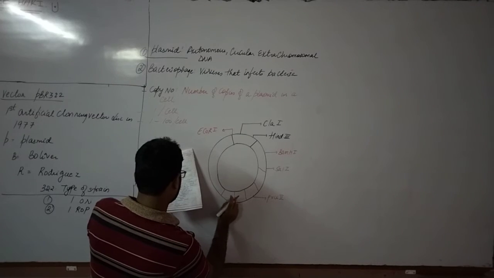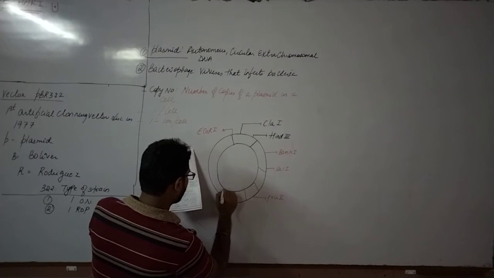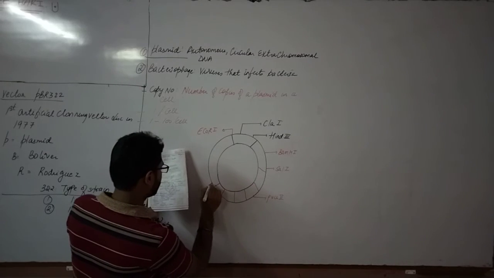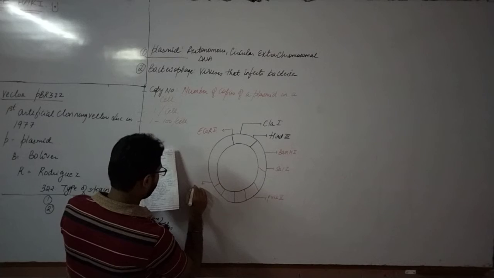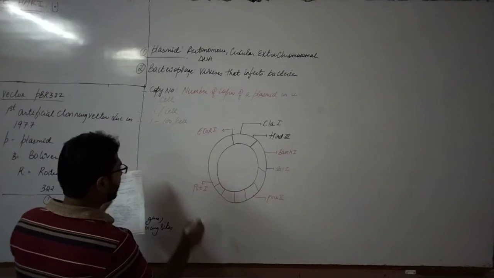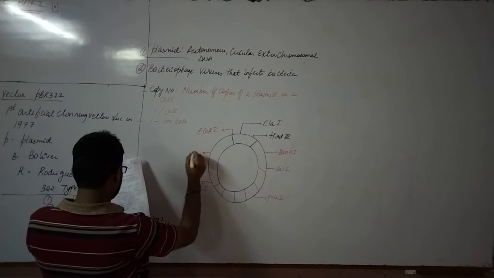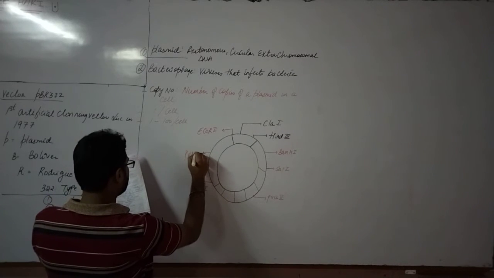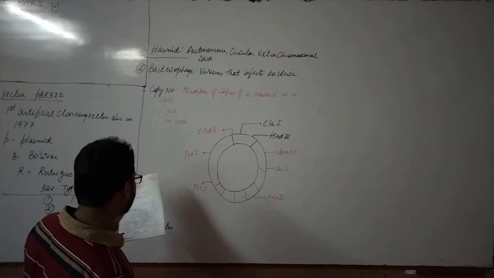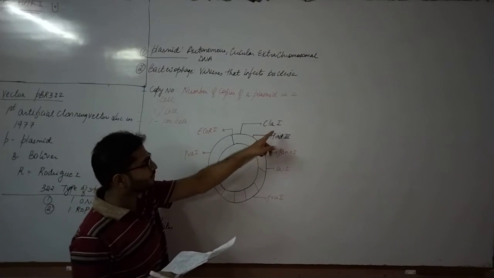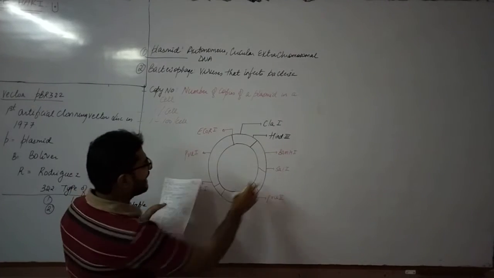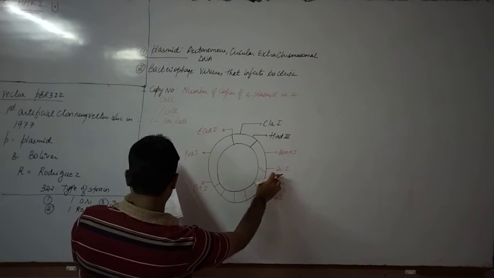Then here we have the origin of replication, which we will also write. Apart from this, within this segment we have the PstI restriction endonuclease site, and here we have the PvuI restriction endonuclease site. So starting from ClaI, we have HindIII, afterwards BamHI and SalI.